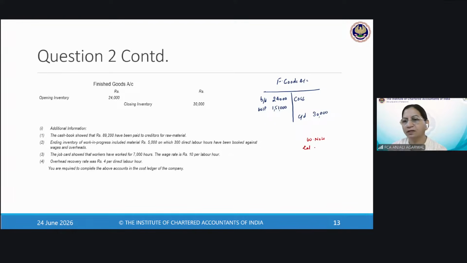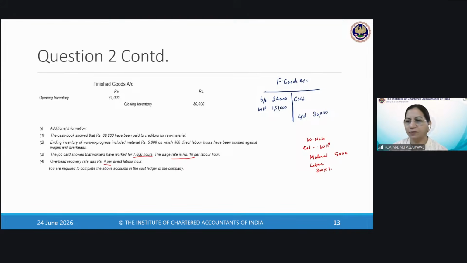So you'll calculate the closing value of WIP, which has materials worth rupees 5,000 and labor, 300 into labor hour rate. The job card showed that 7,000 total hours are worked. Wage rate is 10 and overhead recovery rate is 4 per direct labor hour.